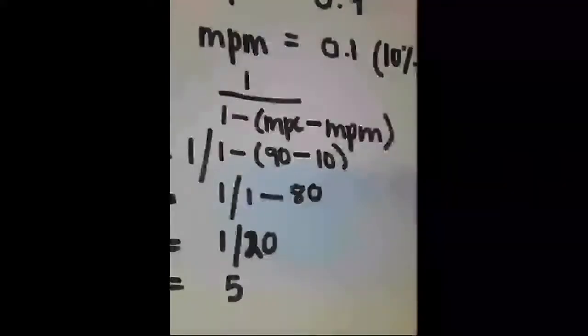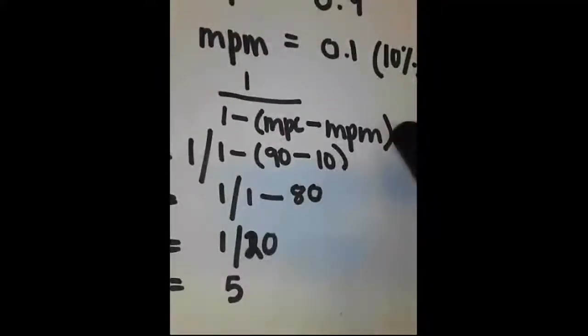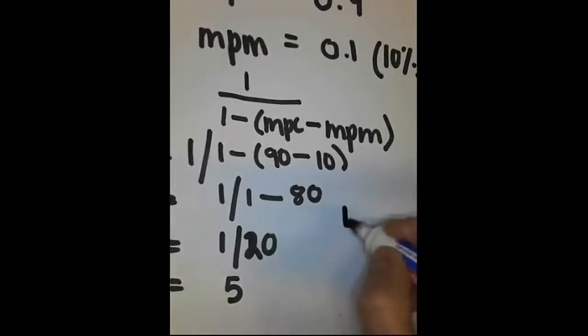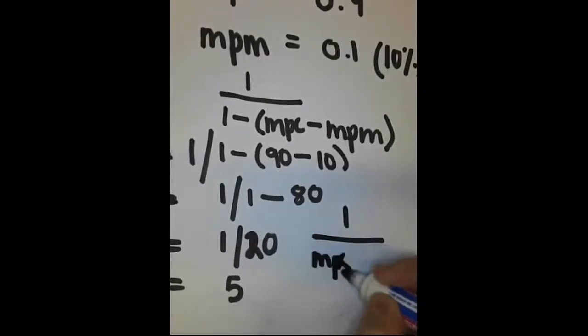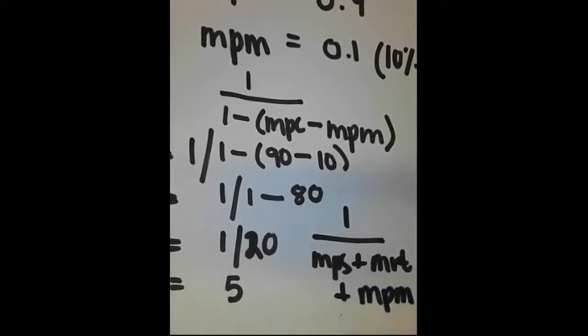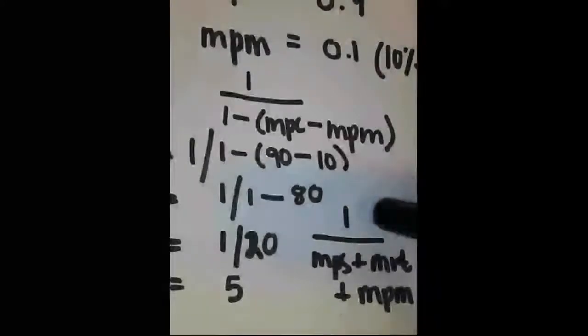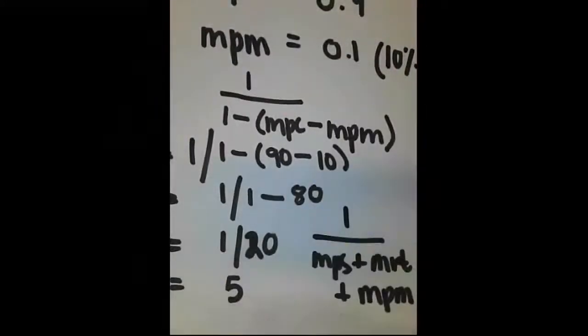But in the textbooks that they're using, you won't find this formula. You will find the formula for the 4-sector model, which is 1 over MPS plus MRT plus MPM. So that's why in the answer I gave you, I wanted to use this formula, because I think this is the one that you will be familiar with. But this is another way to do it.